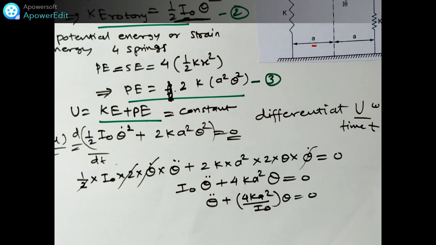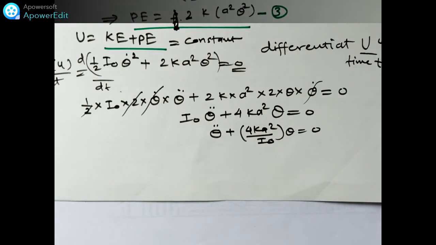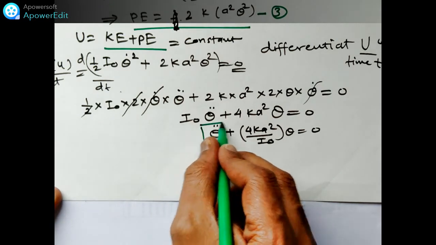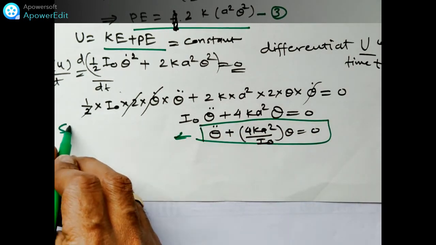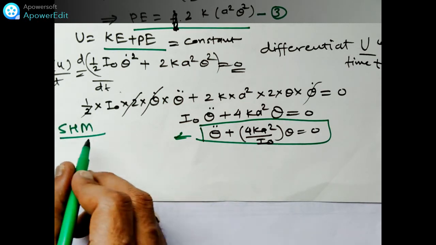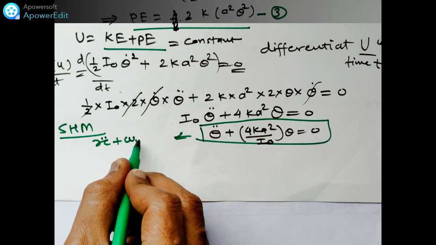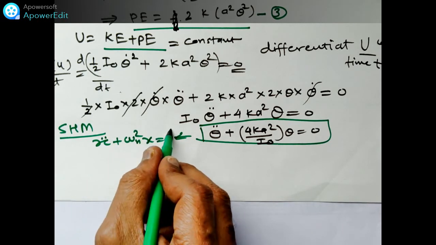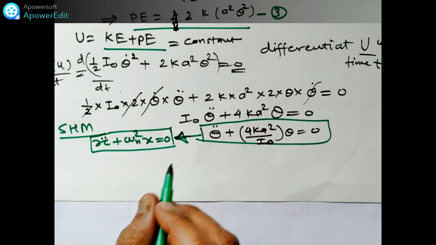So friend, just compare this with the equation of SHM. That equation is x double dot plus omega n square x is equal to 0. This equation is compared with that equation.